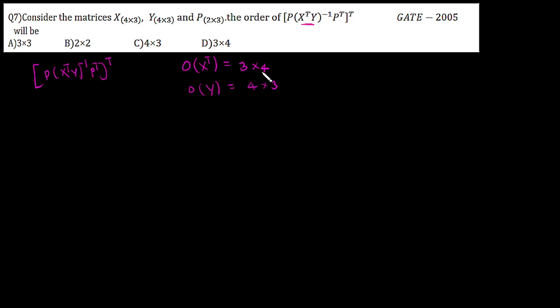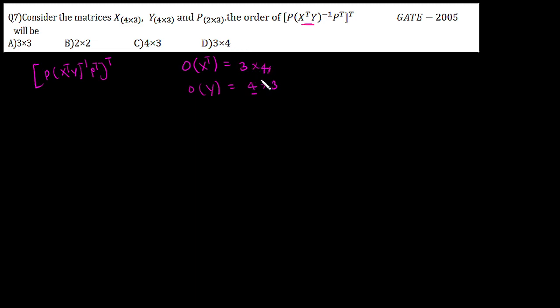Now you can easily see that the number of columns in this transpose is exactly the same as the number of rows in this Y matrix. Then the multiplication is defined. Here this condition is satisfied: the number of columns in the first matrix is identical to the number of rows in the second matrix. So now the multiplication is defined.